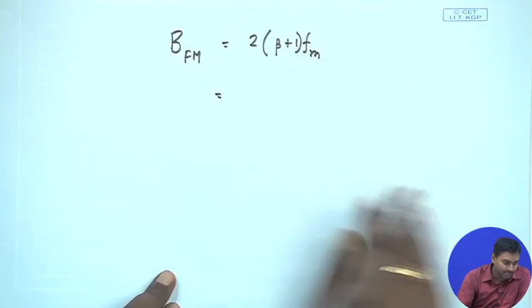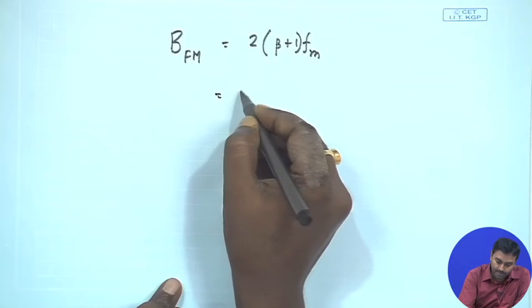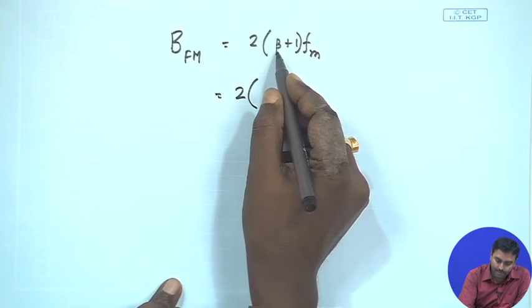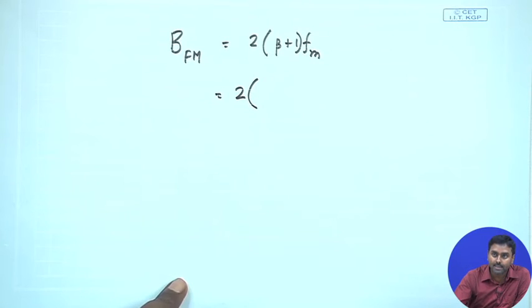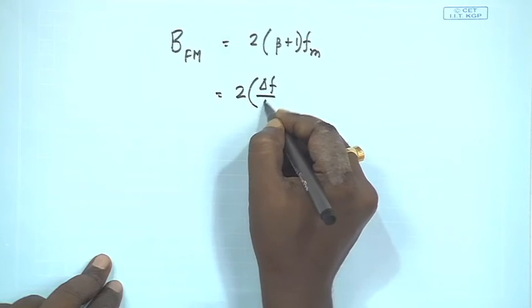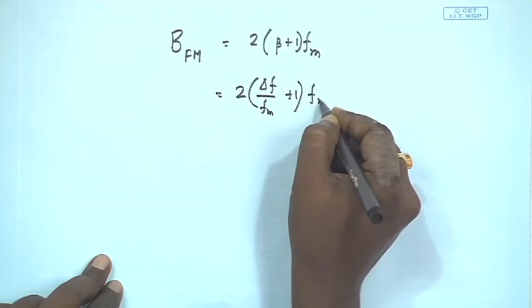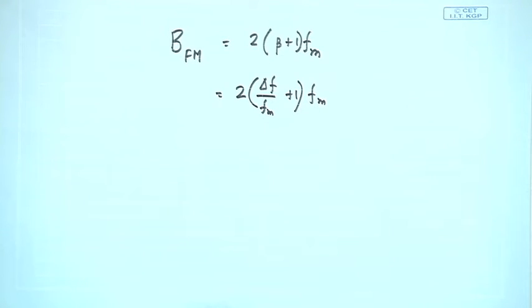If you start writing that way, let us keep it as f_m. So, I multiply this, so this becomes 2. Now, this beta earlier we have represented with respect to omega. Beta is just a ratio, either I do it with respect to omega or f, the 2 pi just gets cancelled. So, I can even write beta with respect to delta f and corresponding f_m. So, I can write that as 2 times (delta f divided by f_m plus 1) into f_m, right.